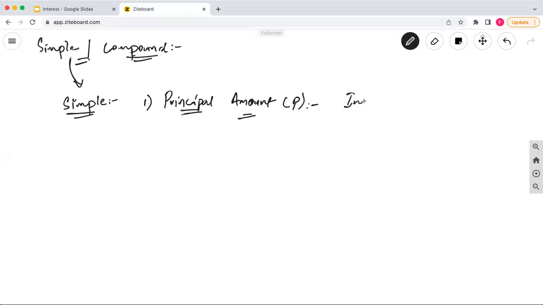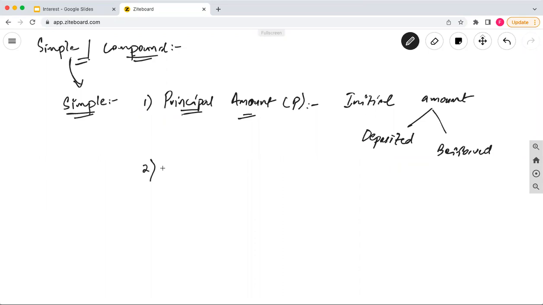This is the initial amount, which is either deposited or invested. And in the other scenario, we borrow from someone or we take a loan, right? For example, if we deposit 1,500 in the bank, or in the other scenario, if I borrow some amount from another person. This is the first thing, the principal amount.